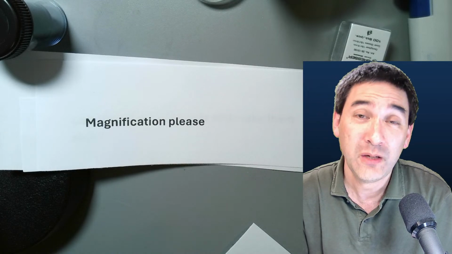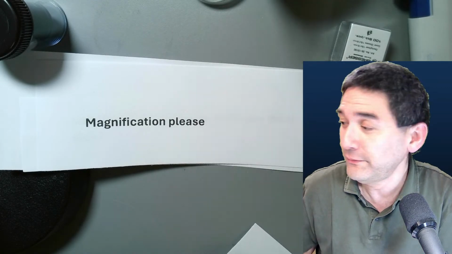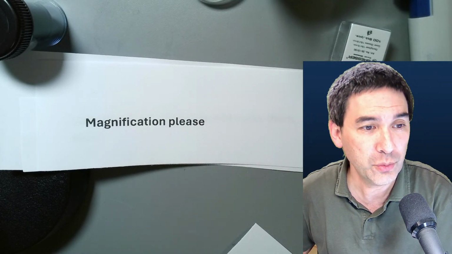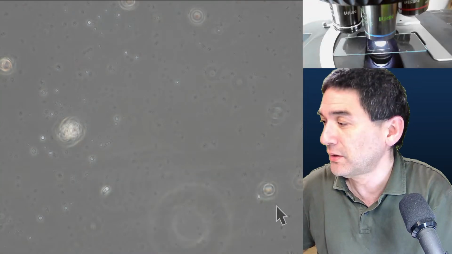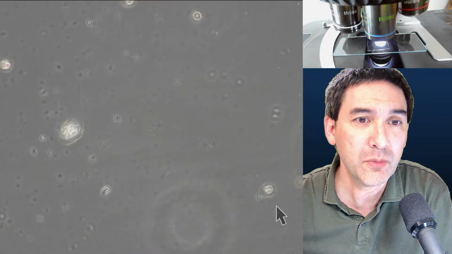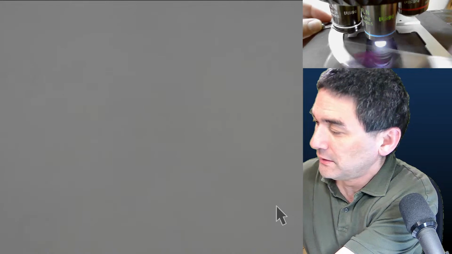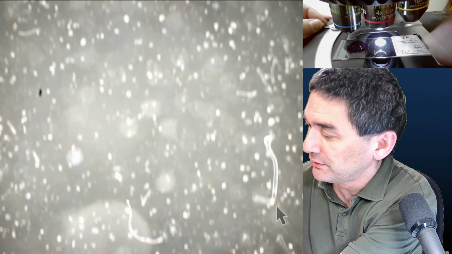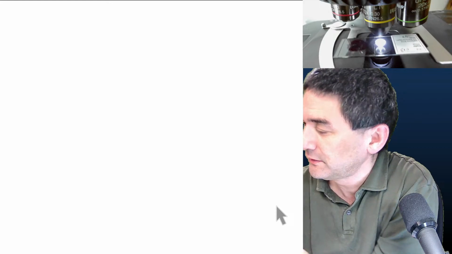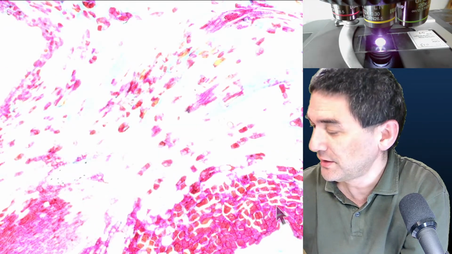And also, what happens if I use a certain objective? I'm going to show it to you again. Okay, let's say I'm using a 40 times objective. I'm going to give you a more interesting slide now, the one from the pine leaf, for example. Let's just have a look at this one here.